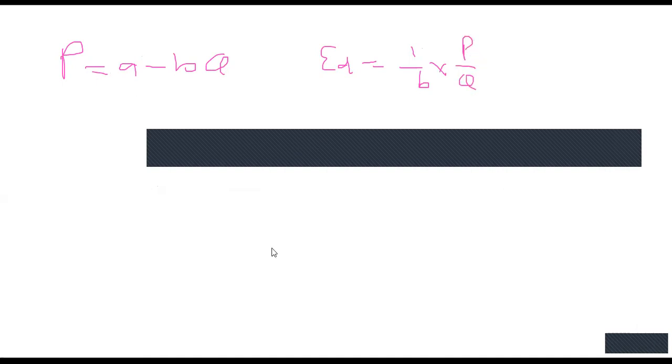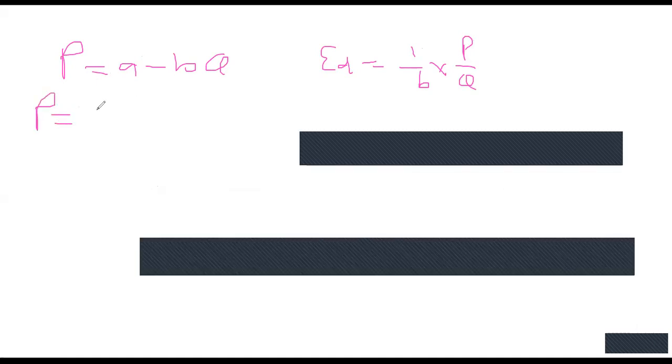So if we have the inverse demand P = 10 - 2Q, and we're given that Q is equal to what? 3. So when you put 3 in there, our P will be what? 10 - 6, which is what? 4. The B is a gradient. In this case, the B is what? Negative 2.